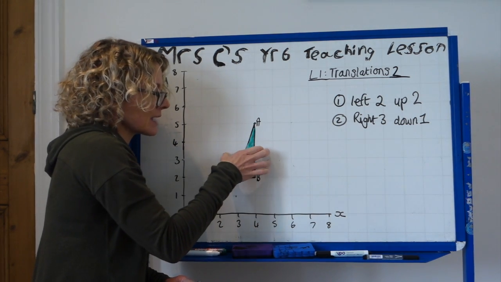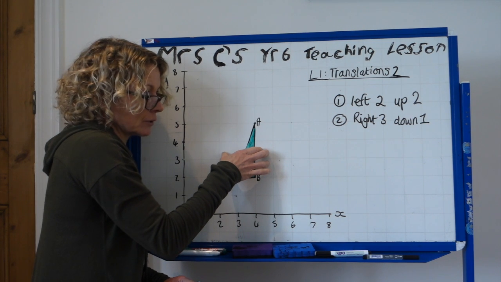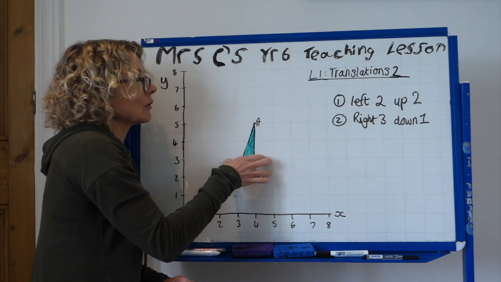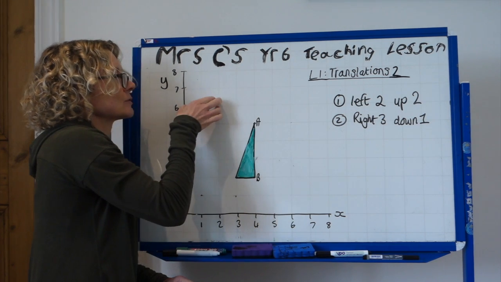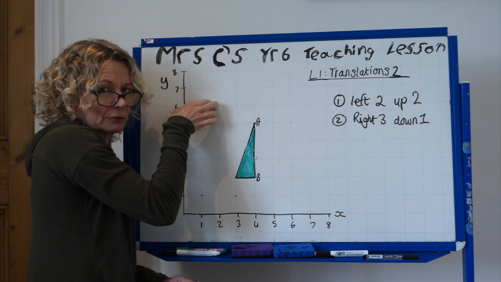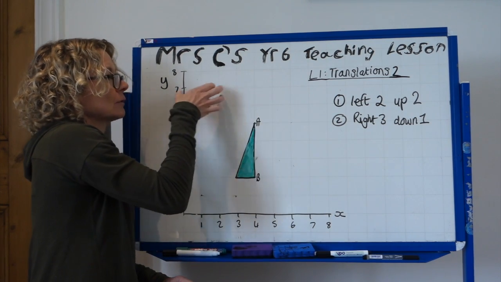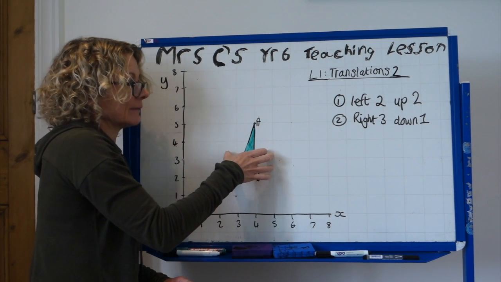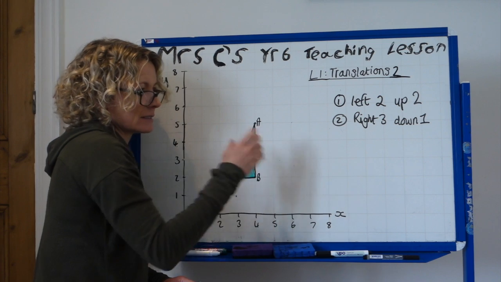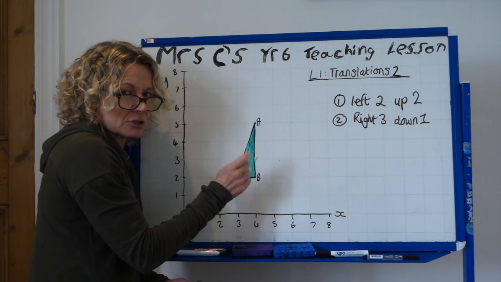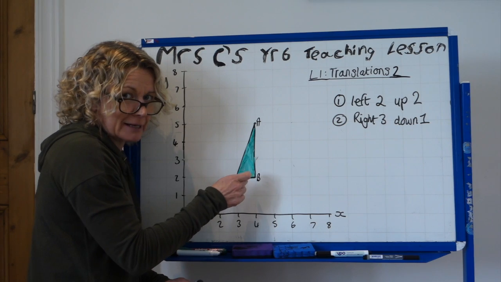And then from the same position, we're going to go right 3 and down 1. So we're not going to go left 2 and up 2 and from there move on. We're going to do left 2 up 2, come back here and then go right 3 and down 1. So we're doing it slightly differently today from the same starting position, okay?